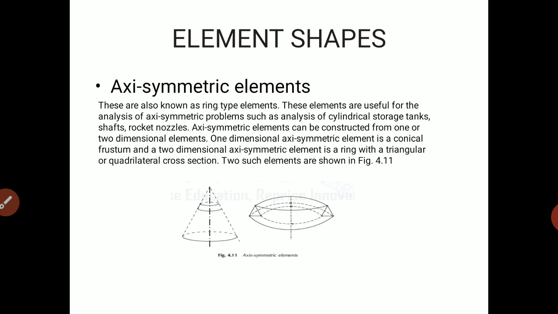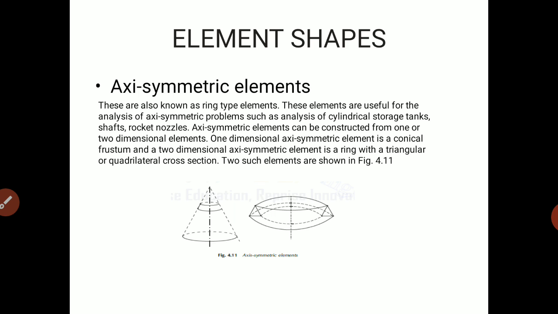So what are axisymmetric elements? These elements can be constructed from one dimensional or two dimensional elements, and the structures formed by revolution of a surface or revolution of a curve are called axisymmetric structures. They may be solids or shells. The name itself is meaningful: axisymmetric, it is symmetric about a particular axis.